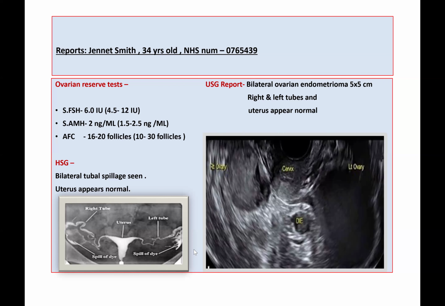But wait and watch is not suitable for you because you are planning for pregnancy and the size of the cyst is also large. And the medicine would not be suitable for you because it is a hormone which stops the egg release. But you are planning for pregnancy, so I am afraid this is not suitable for you. Okay. Right. And the best suitable option in this condition is the surgery.